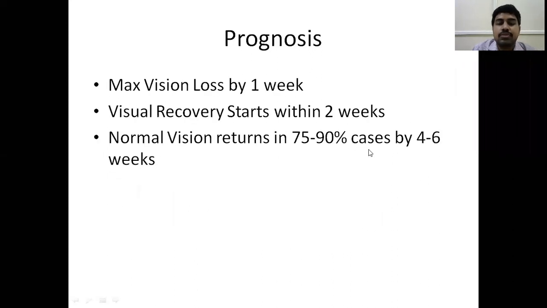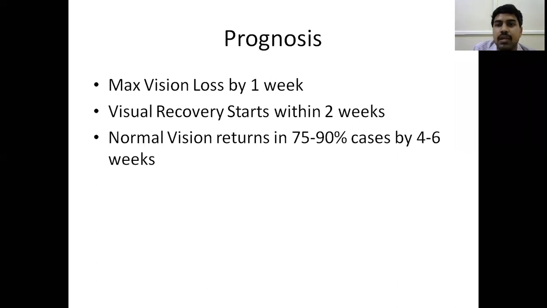Ultimate recovery means, here usually the normal vision returns, but sometimes the patient may not get his 6/6 vision back. Sometimes he may remain at 6/9 or 6/12. So though after optic neuritis the patient regains his vision, it may not be the normal vision which he had before the disease. Suppose before the disease, the patient has 6/6 vision. After the resolution of optic neuritis, his vision may stagnate somewhere around 6/9 or 6/12.